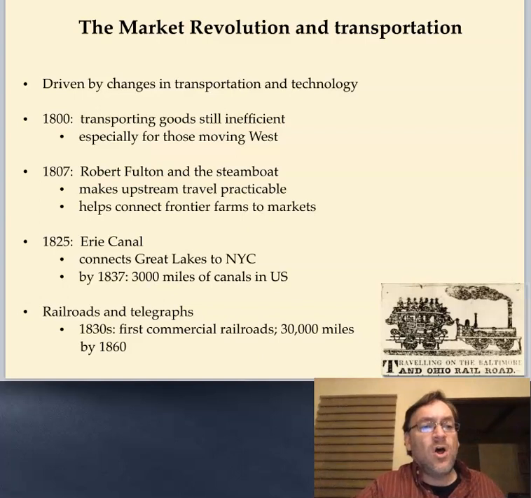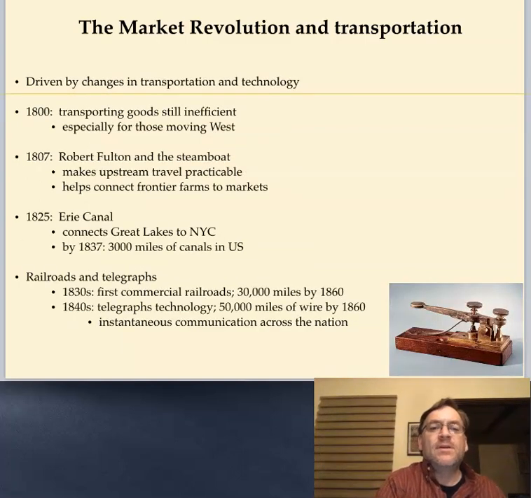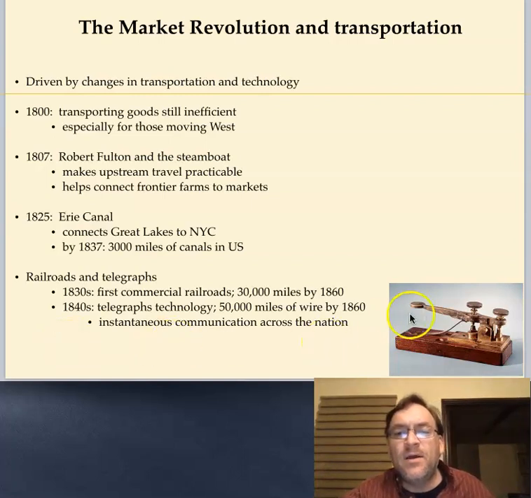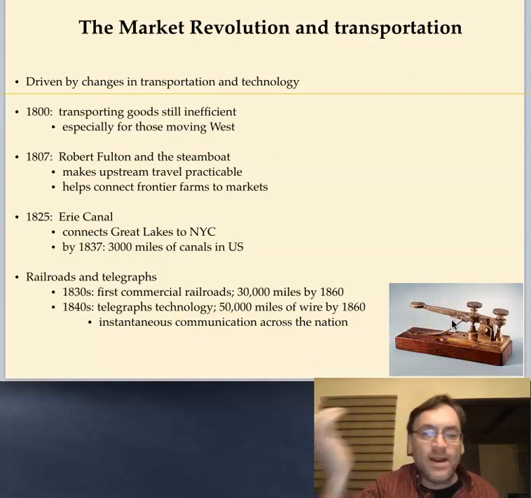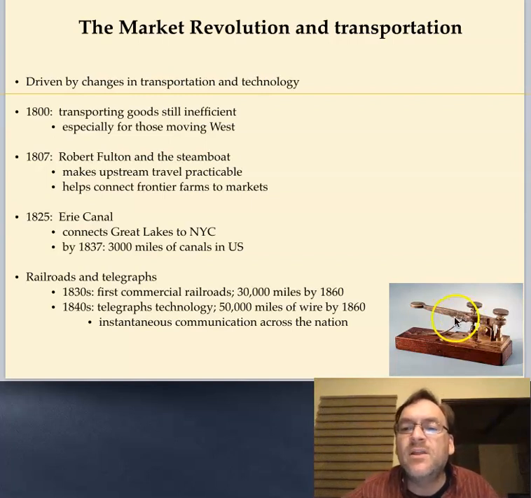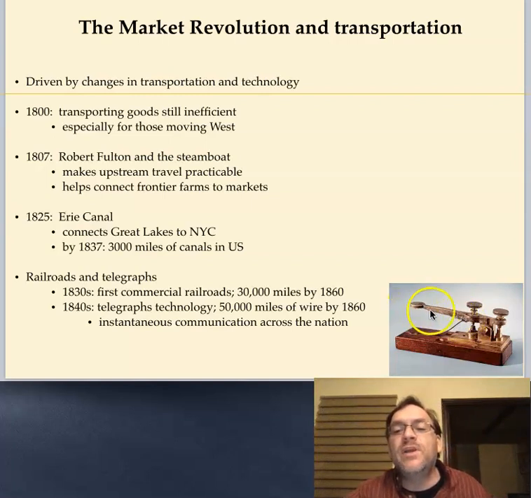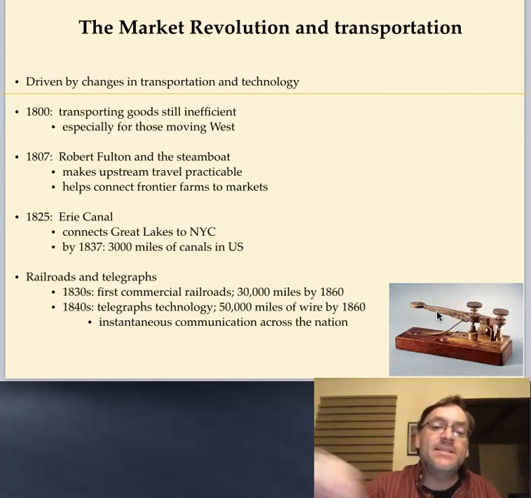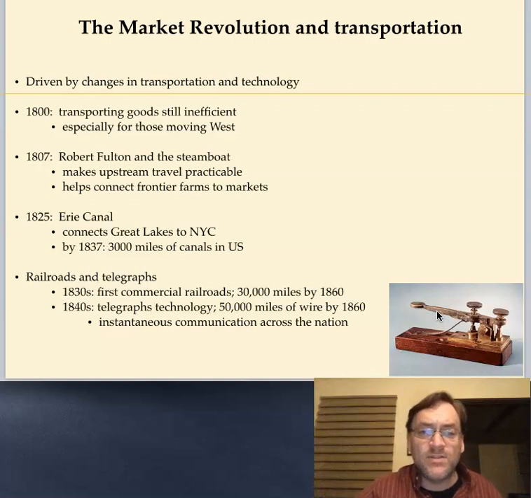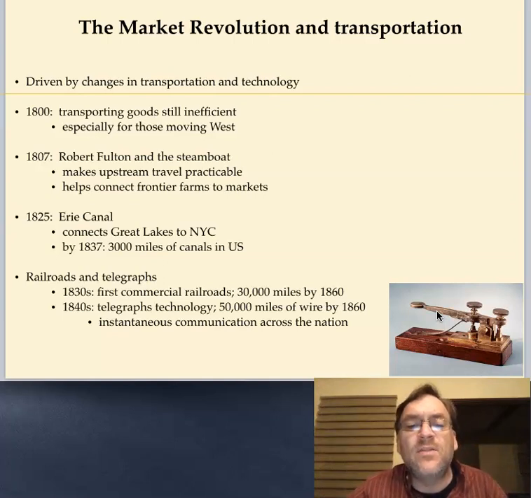And also along this, usually accompanying railroads, were telegraphs. Telegraph technology developing in the 1840s, right? This is an old telegraph. I can't think of the term right now, but Morse code could be sent over these telegraph machines in which you use your finger and you type in dashes and dots in a code that could be sent near instantaneously across wires, or sometimes wires on poles, but also wires sometimes built into the tracks.